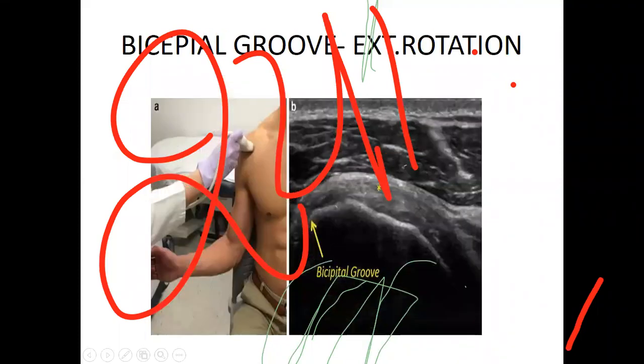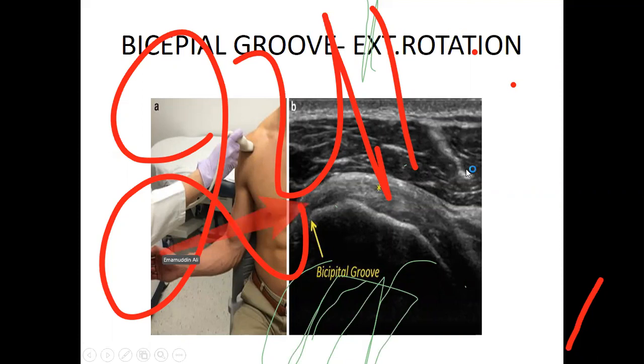Again, I should also mention that external rotation in the same position, anterior compartment, will help you to appreciate the bicipital groove. Now, this is where you can appreciate the subscapularis tendon.